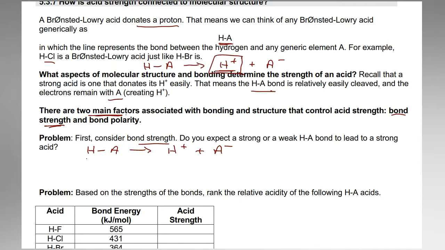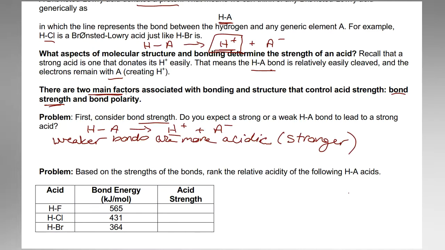So that means weaker bonds are more acidic. If that bond is easier to cleave, it's going to be easier to create that proton species. So a weak HA bond corresponds to a stronger acid.